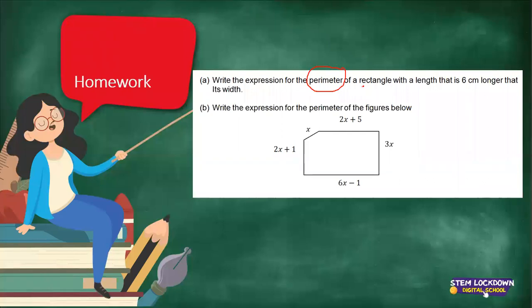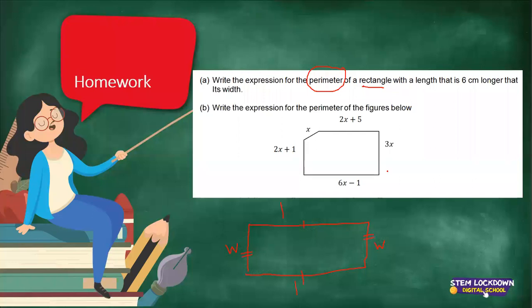Let me draw. There's my rectangle. It's not a perfect rectangle. My rectangle has a length, which is the long side, and a width, which is my shorter side. Obviously, the opposite sides are the same length.